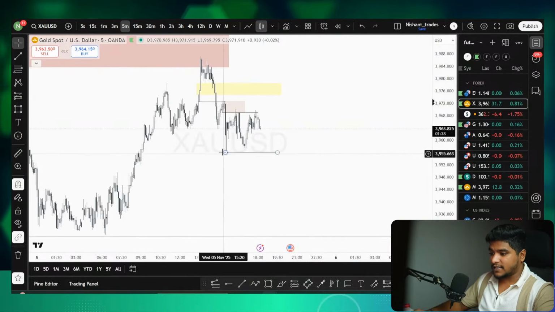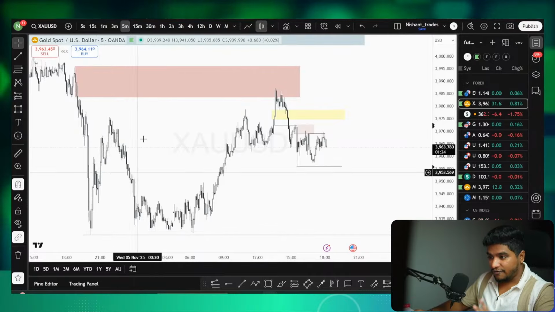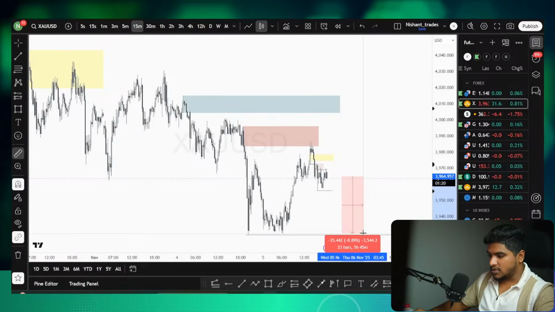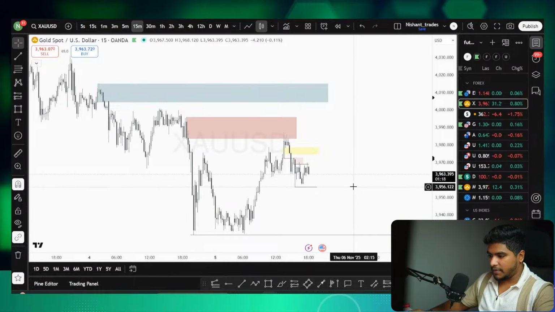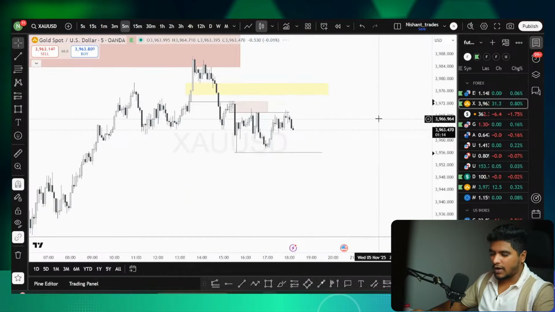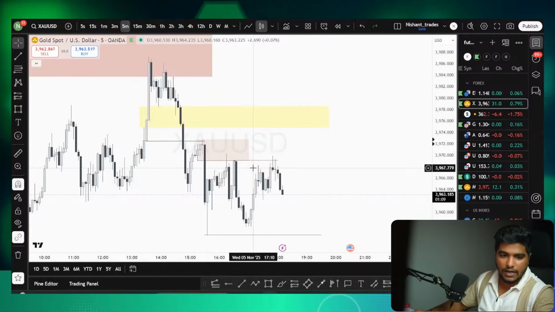My intentions are, prices will definitely take out this, but overall this is my first very clear target. I know it's roughly around 350 pips, but that is what our target is. Right now I'm just waiting for more confirmation. I have one position running which I entered before the live stream.